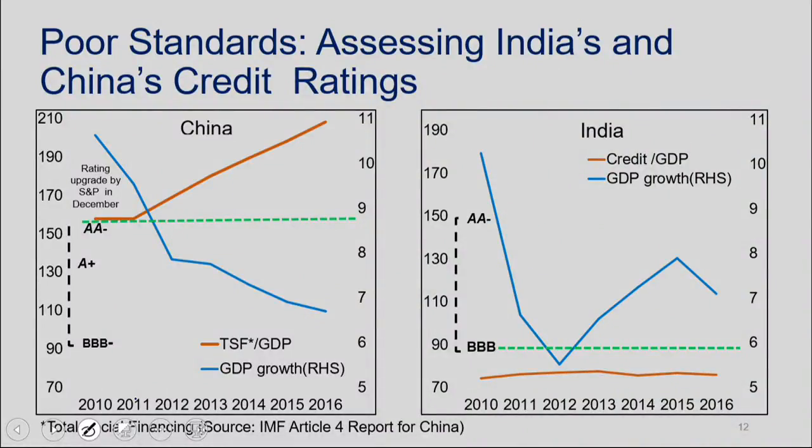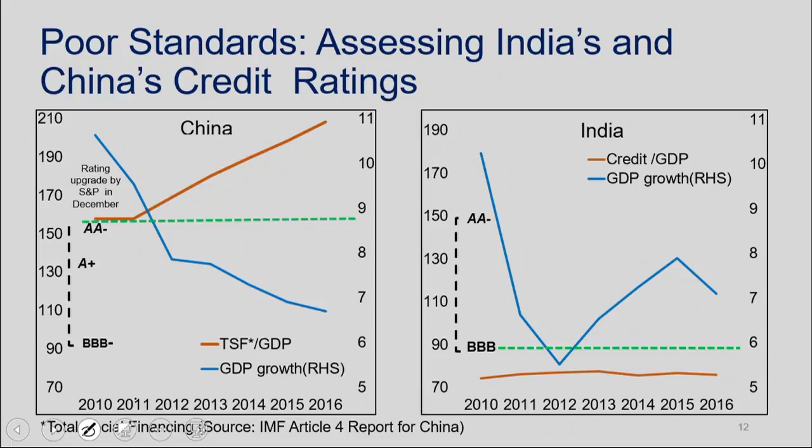So what we did in the survey was to show that on these two indicators, India and China are actually almost completely opposite. Chinese growth has been slowing down, and that's the blue line, from very high levels. India's growth also slowed down but has started picking up again. So on this measure, India looks at least as good as China does.